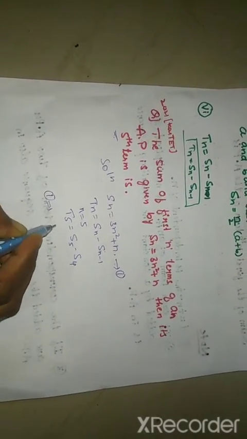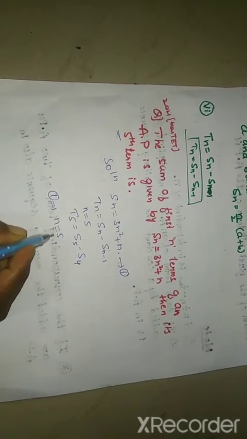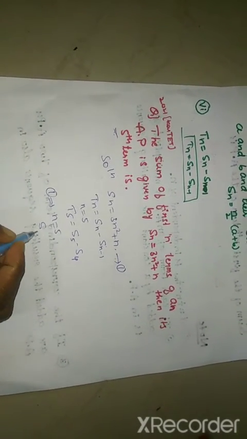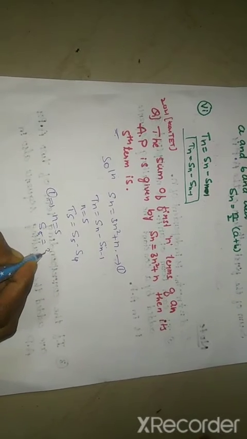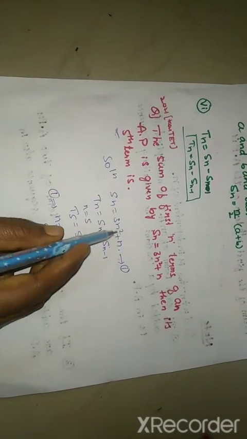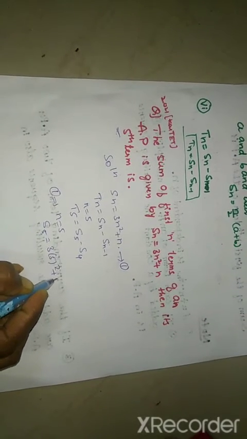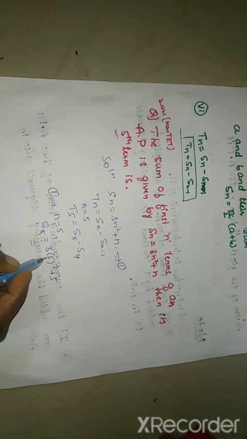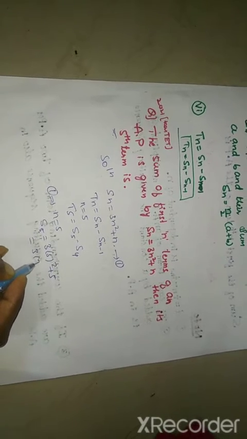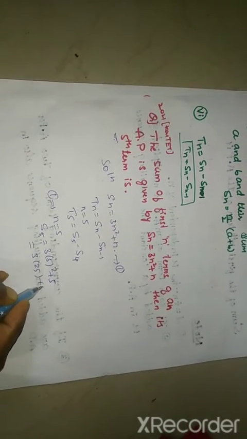In equation 1, put n equals 5. Then S5 equals 3 times 5 square plus 5, which is 3 into 25 plus 5.